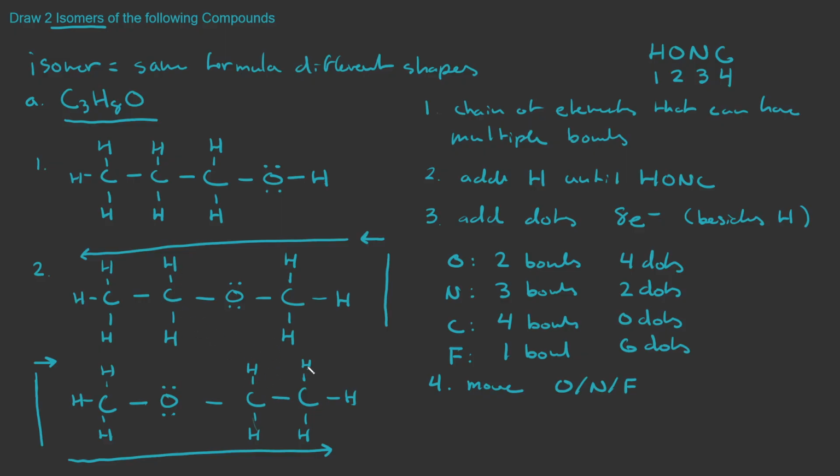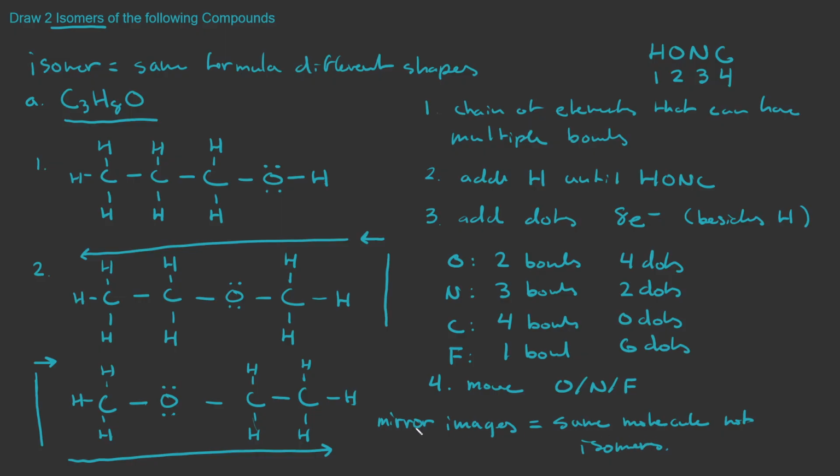And then our last carbon has 3 hydrogens attached to it on both sides. And so this is what we call, they are mirror images. And so these are the same molecule, not isomers.